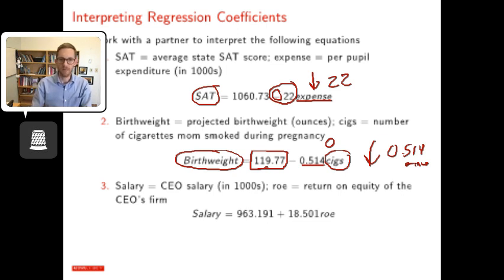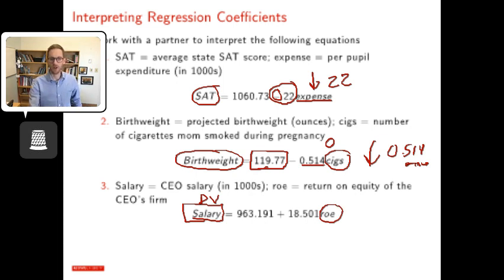And the final one here, we have salary, the left-hand side variable, the DV, being predicted by return on equity of a CEO's firm. So this is saying for each unit increase in ROE, the salary of a CEO is predicted to increase by 18.5.